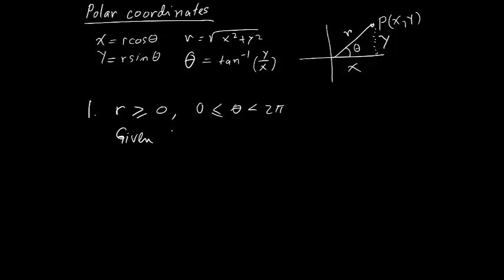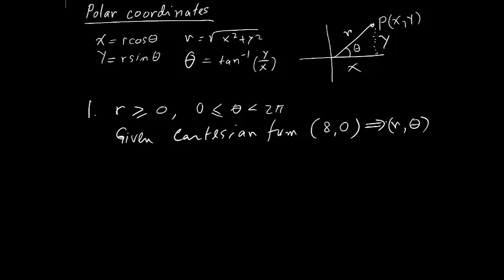Cartesian form (8, 0). Now you need to write this one to r theta form. Okay, so this will go to polar coordinate. So in this case, we have x equals 8, y equals 0.